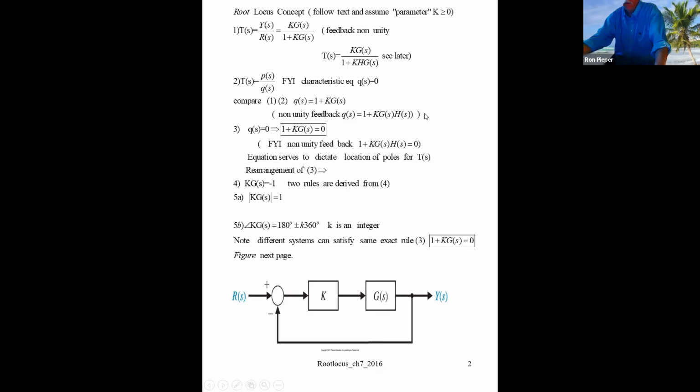Okay, so let's go ahead with this. If we set that characteristic polynomial to 0, we know that those lead to the roots, which define things like the stability criteria and where the poles are located.